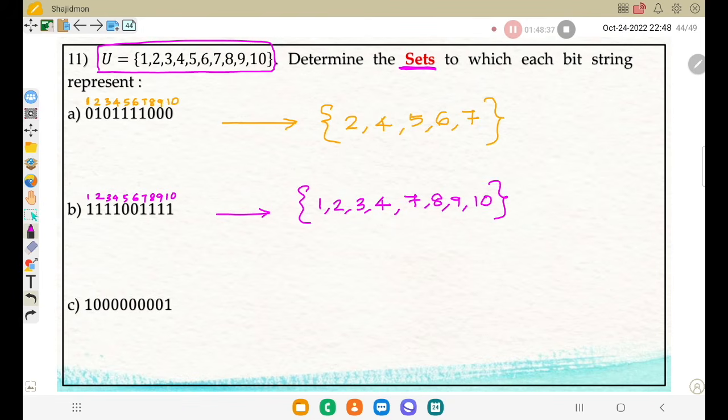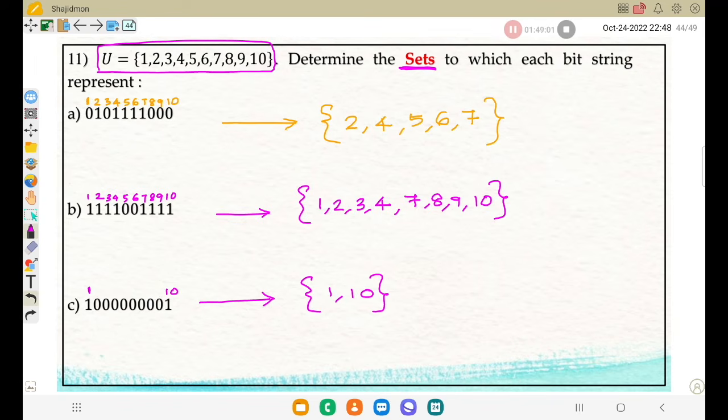So this is the subset of the universal set representing that bit string. Now here, first number is there, last number is there, 10. All others absent. So the set is 1 and 10. Hope you understood how to write the set from the bit string.